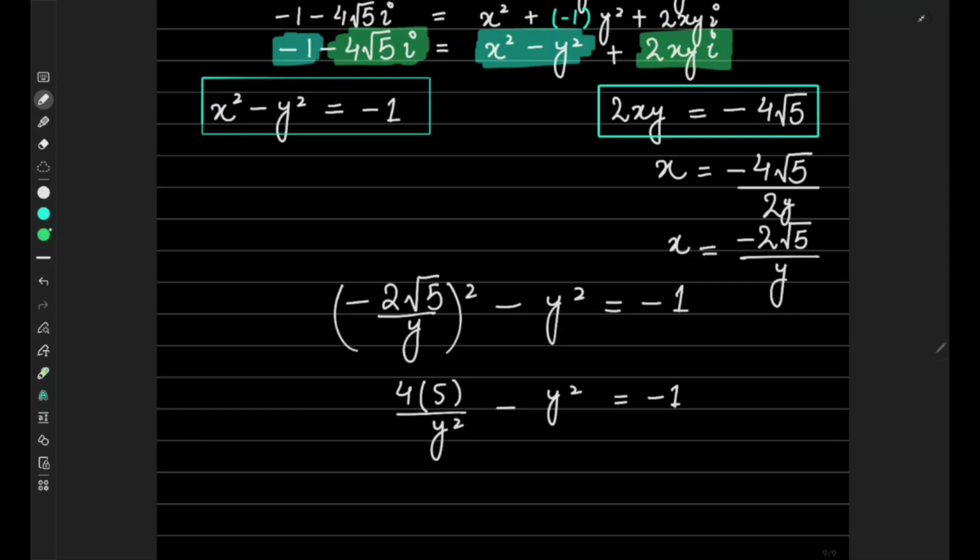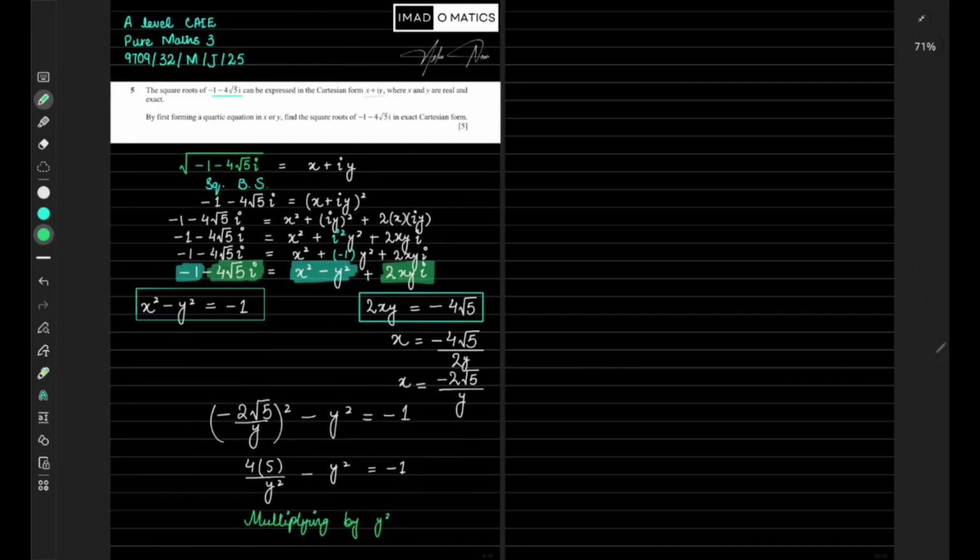Then multiplying the whole equation by y square to get rid of the fraction, that will give you 4 times 5, which is 20, minus y square multiplied with y square gives y to the power 4, equals minus y square.